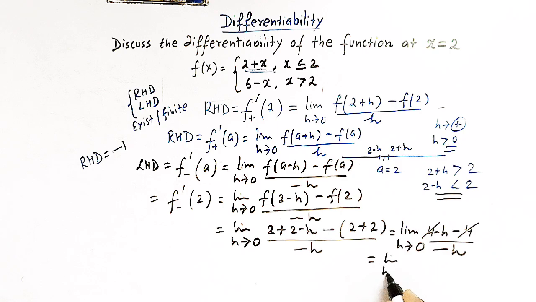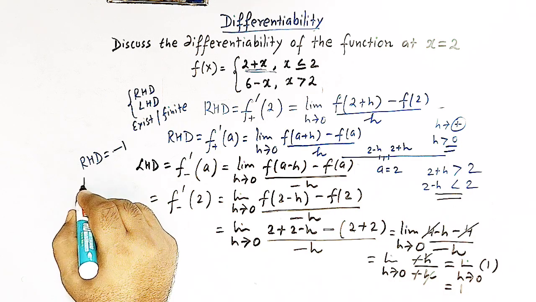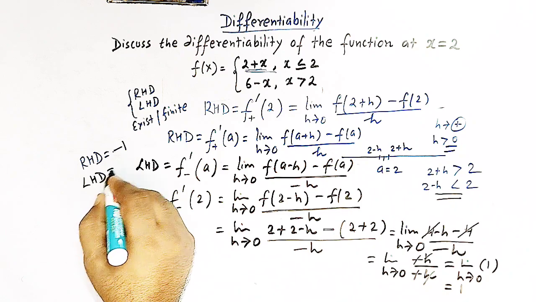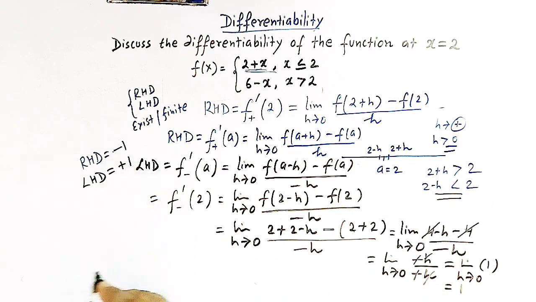We are left with limit h tends to 0 of minus h over minus h, and minus signs get cancelled, h and h get cancelled, so we are left with limit h tends to 0 of 1, and this term is independent of h, so this limit is simply equal to 1. So we can see that the left hand derivative is positive 1.